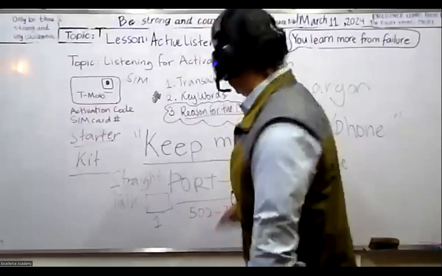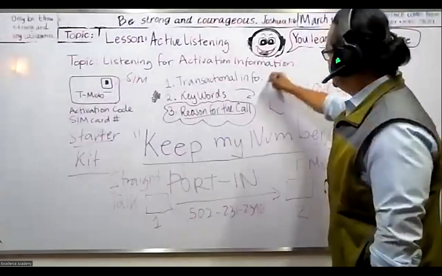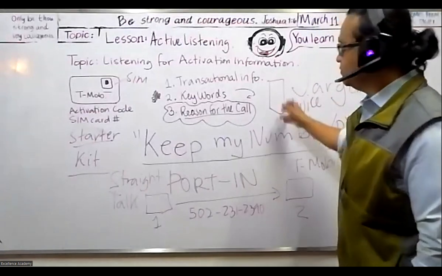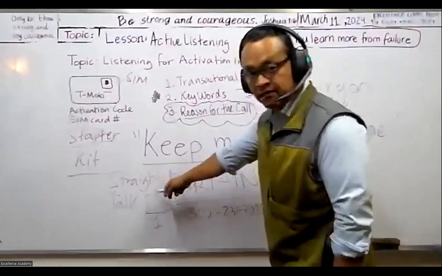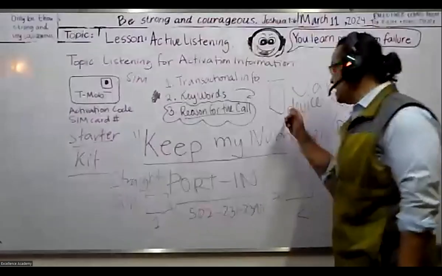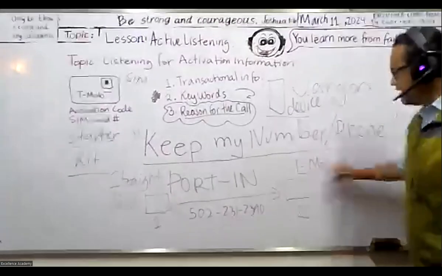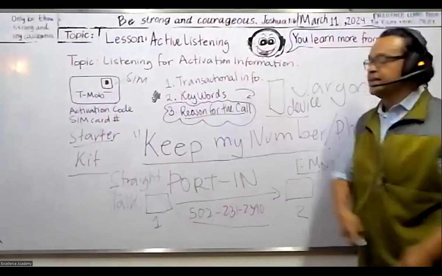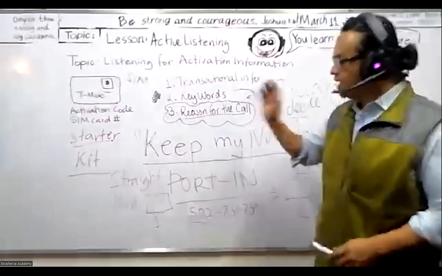Customer wants to bring in his device, his iPhone or device, right? He wants to bring it, which is originally configured for Straight Talk, and he wants to activate this iPhone now for T-Mobile, and he wants to keep his number. And that's an activation process. Now, going back to the keywords.